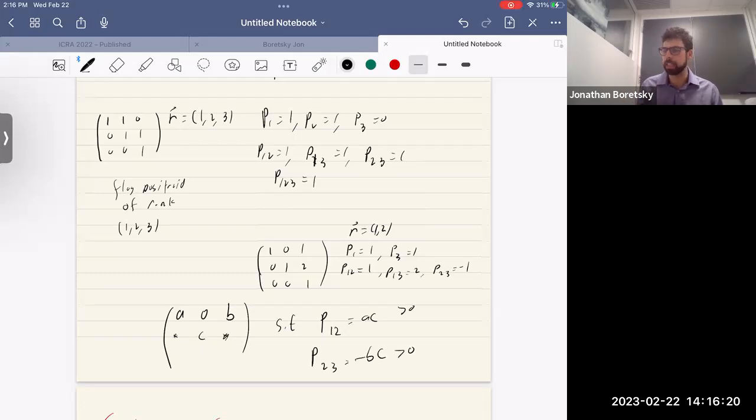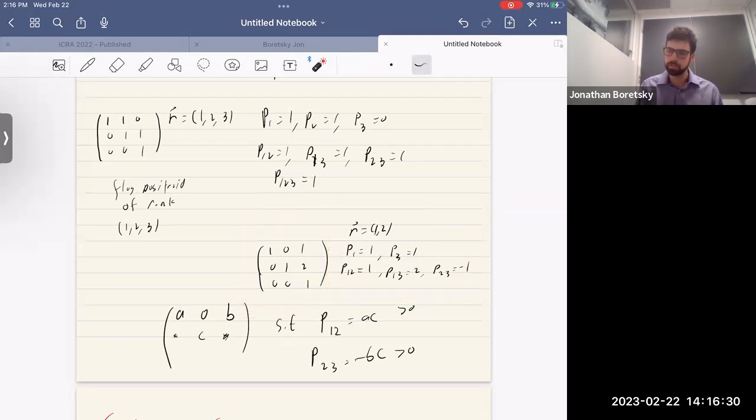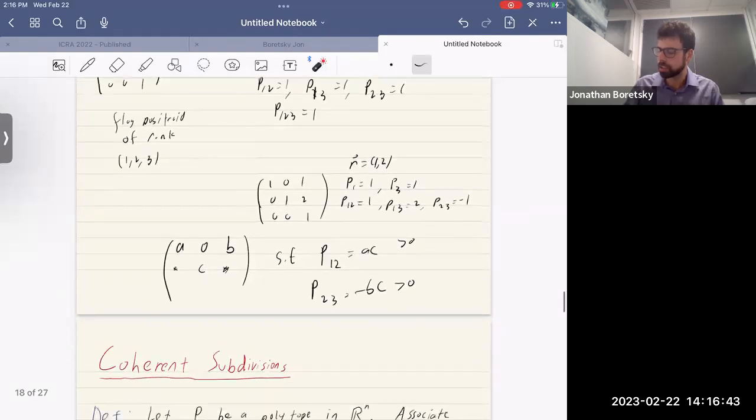But if A and B are both positive, this is impossible. So all this to say that just because you have a flag matroid which has constituents which are positroids, that's not the same thing as being a flag positroid. The idea of flag positroid involves something a bit stronger. So that's just a caution.